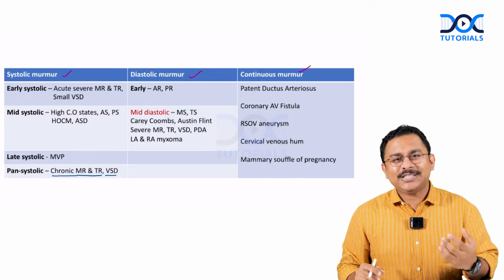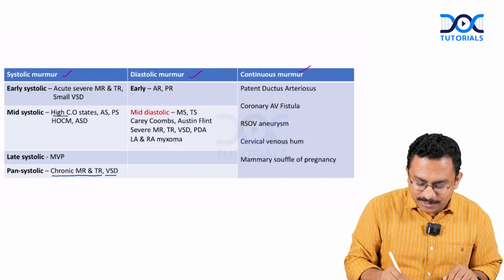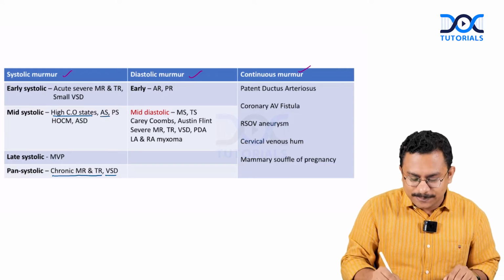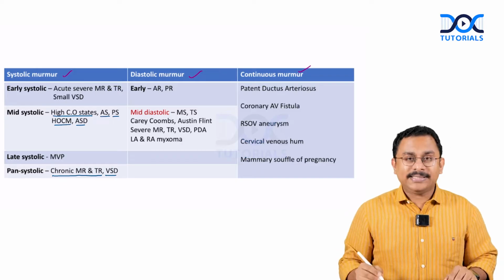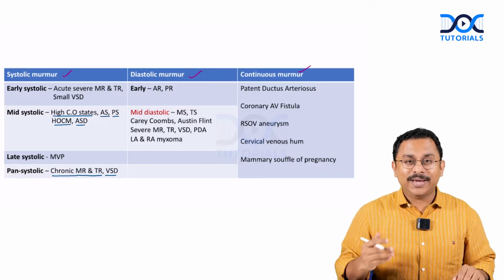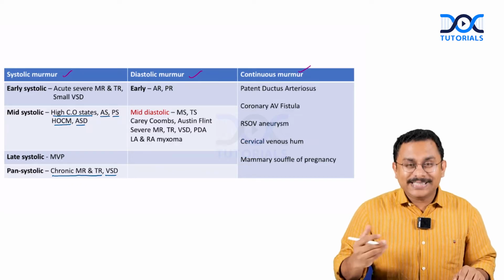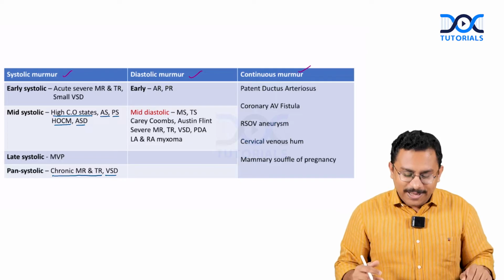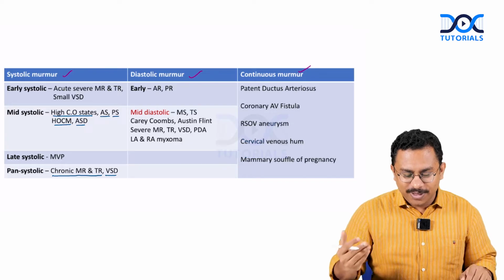What are the conditions where you get an ejection systolic murmur? You can see it associated with high cardiac output states, aortic stenosis, pulmonic stenosis, HOCM, and ASD. The late systolic murmur is seen in association with a mitral valve prolapse. So these are the systolic murmurs that you should know about.